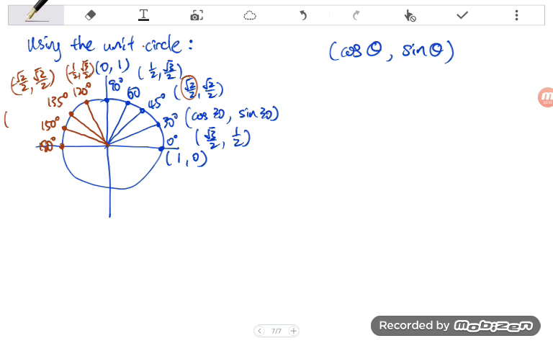That would be negative root 3 over 2, and then half, and finally, my 180 degrees would be negative 1 and 0. Again, we're just reviewing for now, and we carry out the reflections using other angles to help us get the coordinates for the complete unit circle.